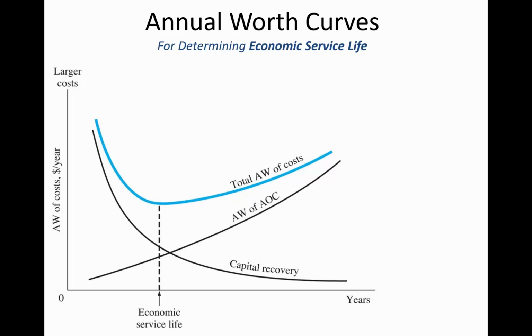You find the annual operating costs for each individual year, and then you combine it all together and spread it out evenly over the entire lifespan so that it's an equal amount. And so here this abbreviation means the annual worth of the annual operating costs. So here AOC means annual operating costs.